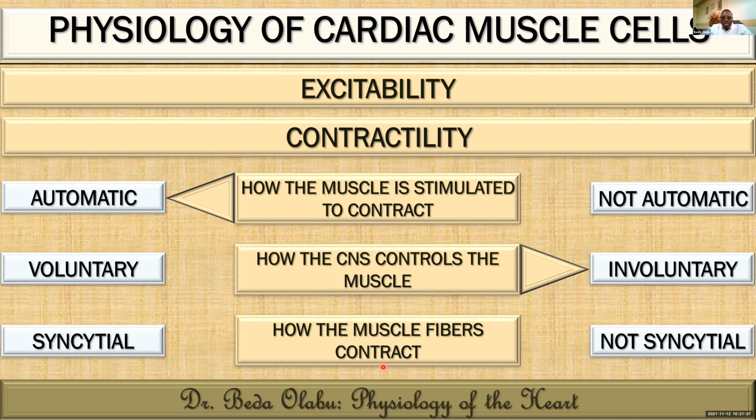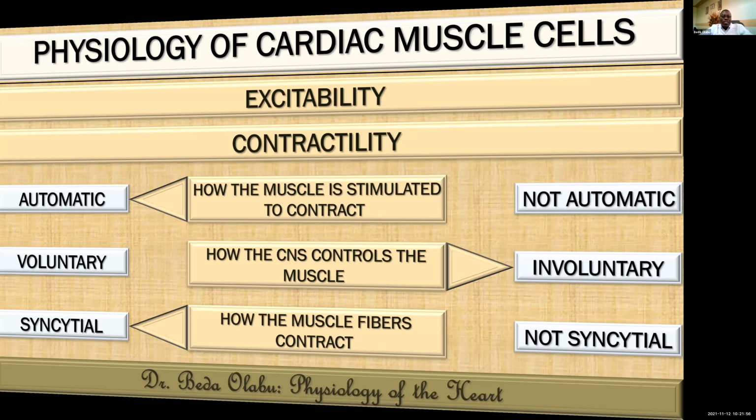And on the third, we say that cardiac muscle is functionally syncytial. This is to mean that the muscles contract as one unit. They contract as one unit because they are interconnected by gap junctions. Those are the physiological properties of cardiac muscle.